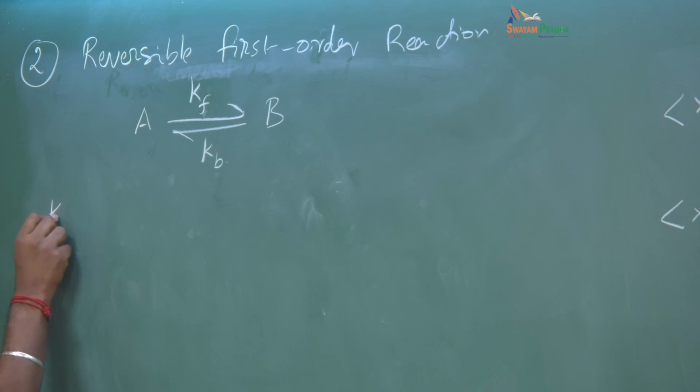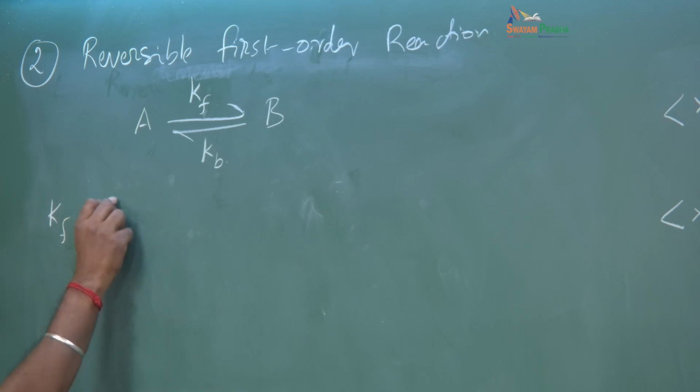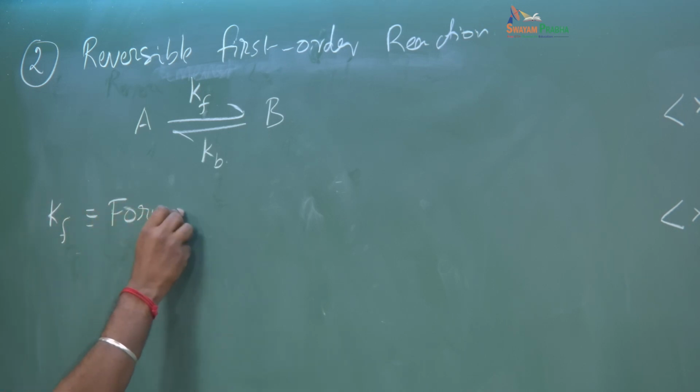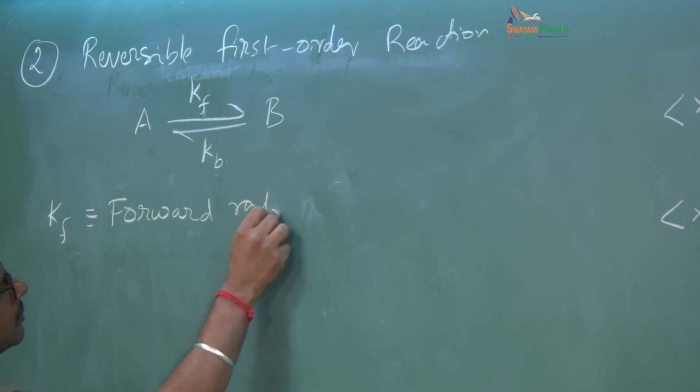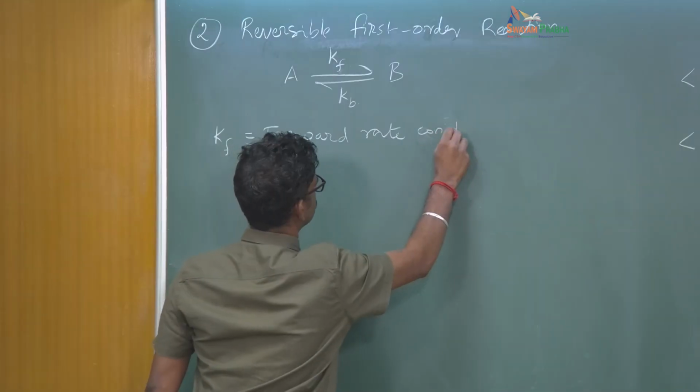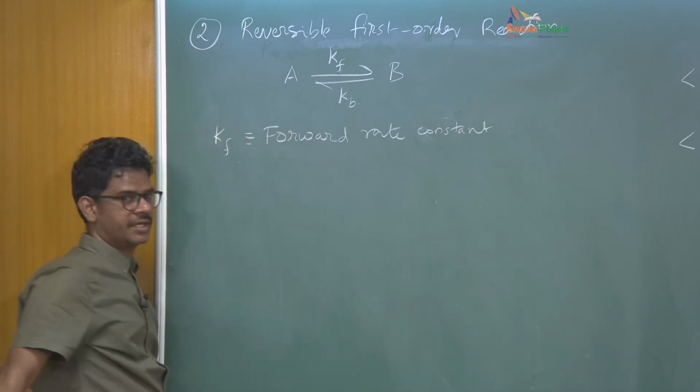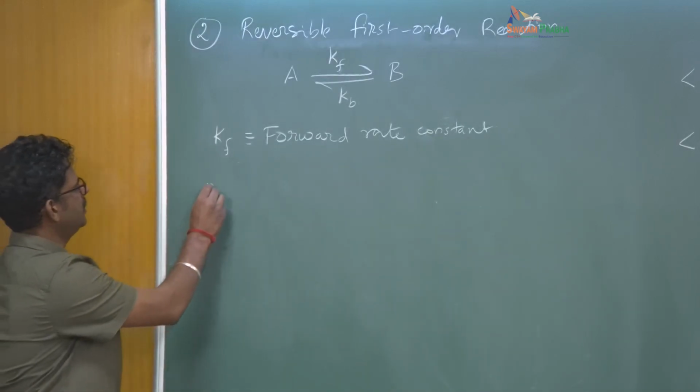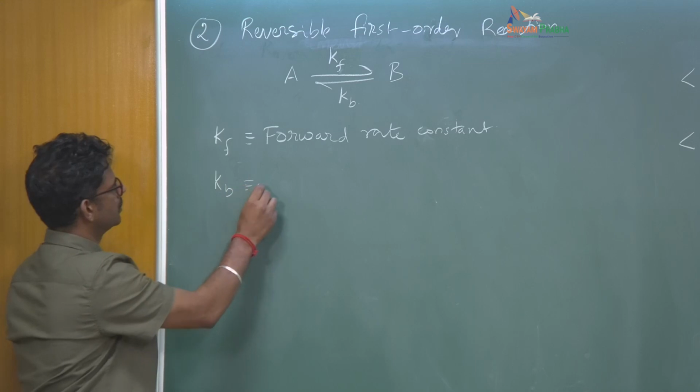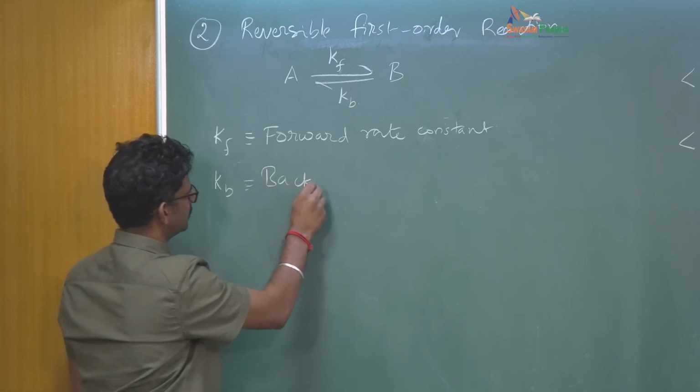So Kf here is the forward rate constant. The rate constant for the forward reaction, and Kb is the rate constant for the backward reaction.